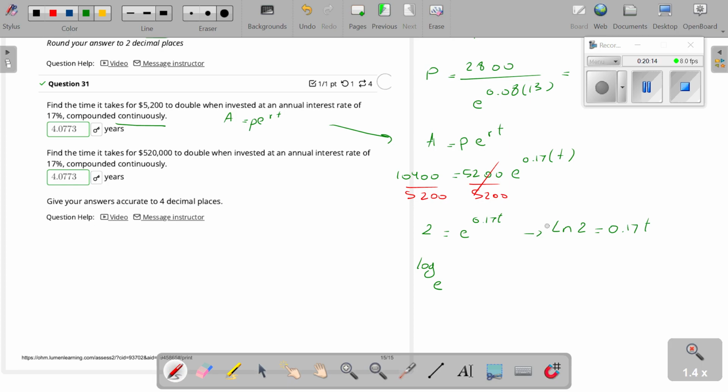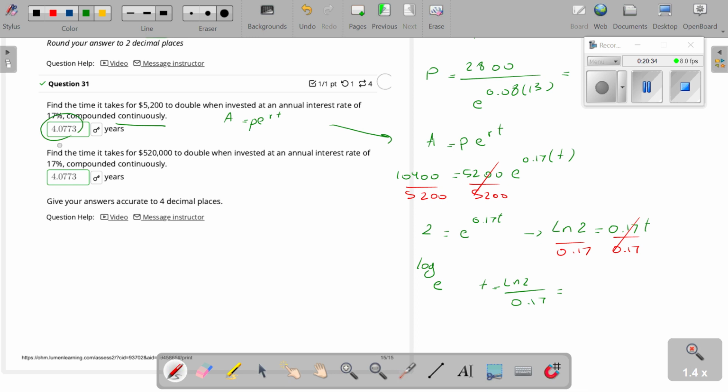Now, in order to get t by itself, divide by 0.17. They cancel, and t is equal to ln of 2 divided by 0.17. And when you use your calculator, it's going to be equal to this much.